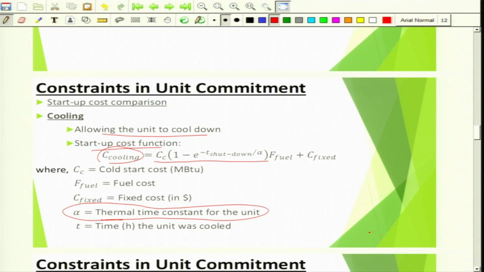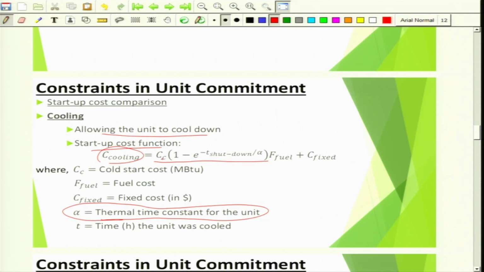That means if the thermal constant of the unit is very large, then it will try to retain the heat as much as possible. That means it will not come to a low temperature immediately. It has some opposition.